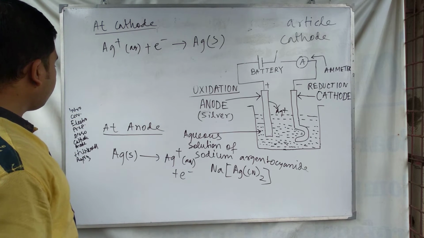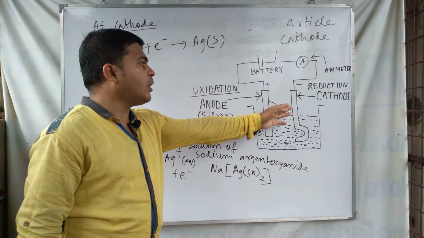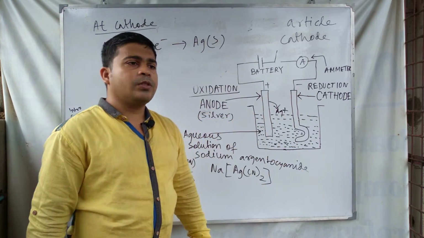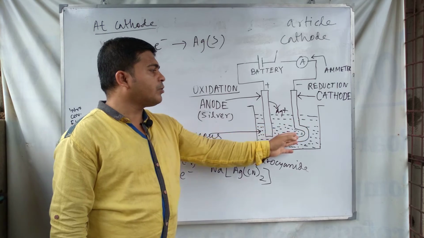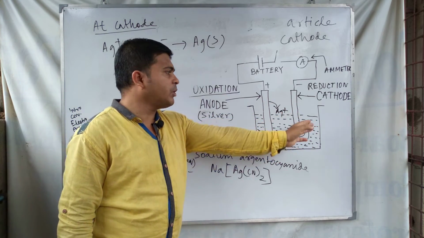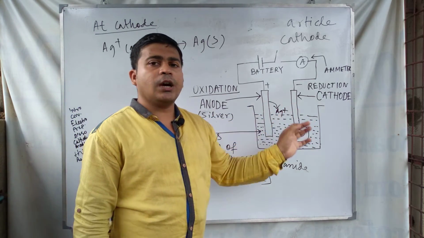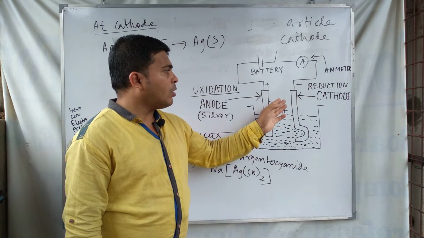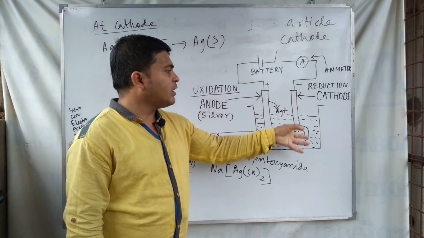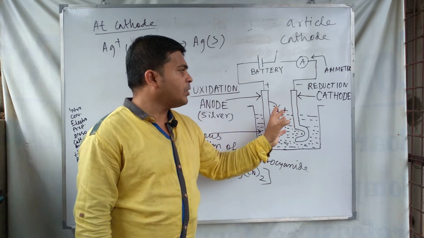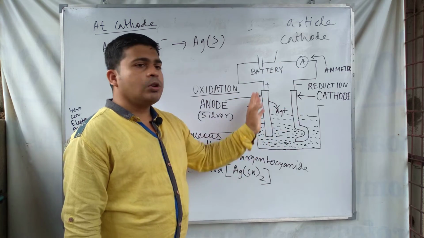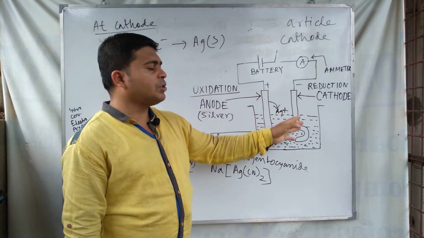So now the question is, what would be the thickness of the coating? The thickness of the electroplating depends on the duration of current flow. The thickness of the coating depends on the duration of current flow through this system.